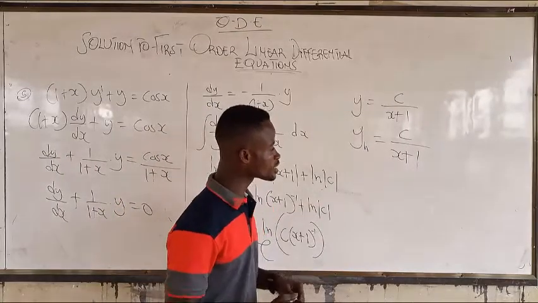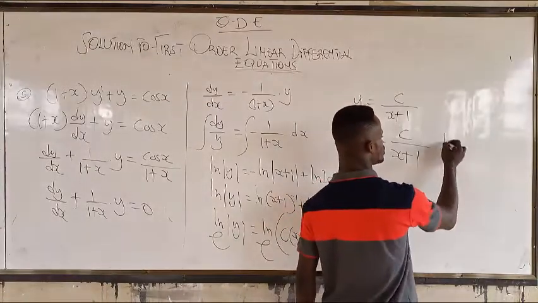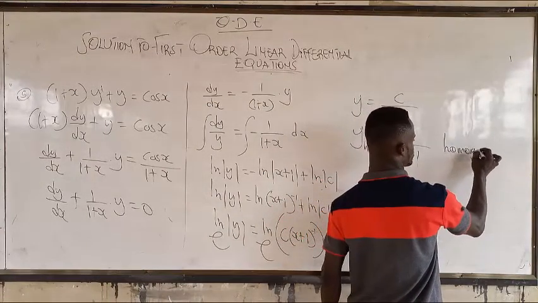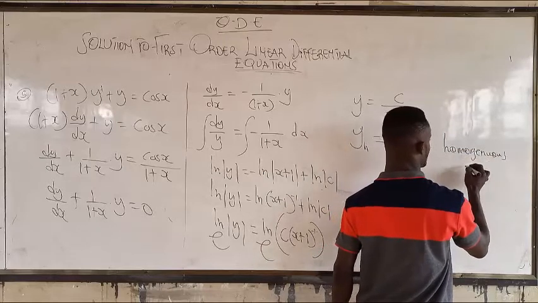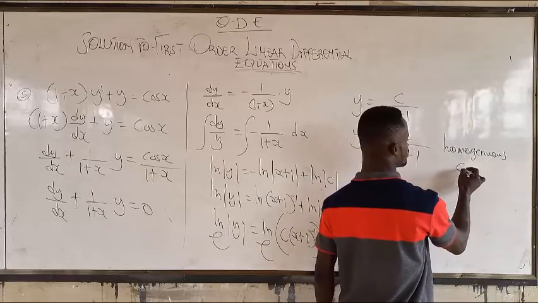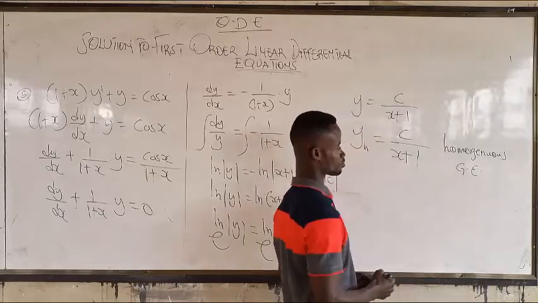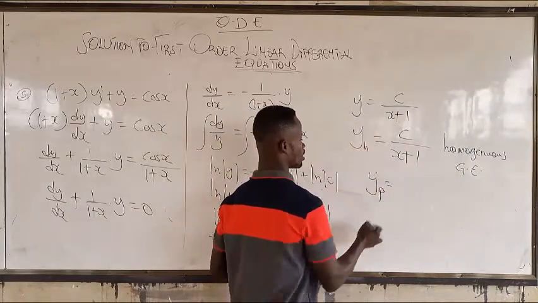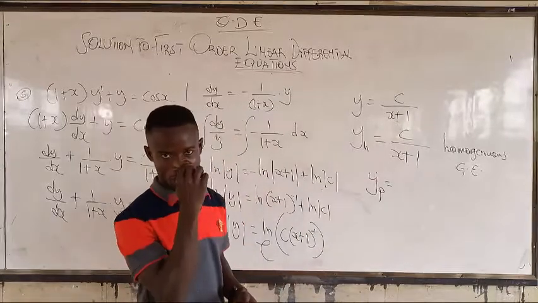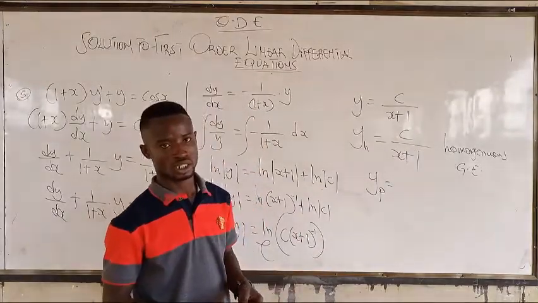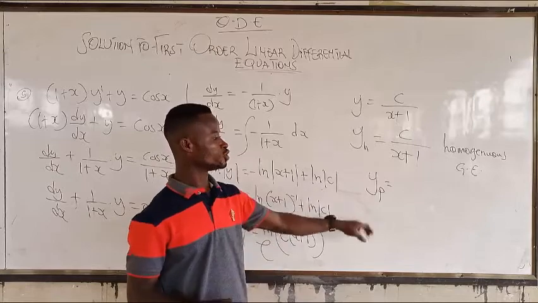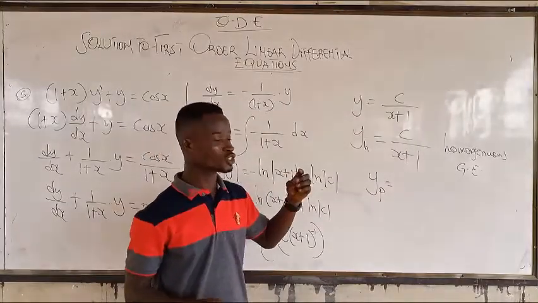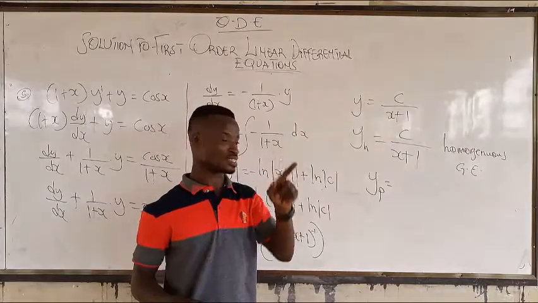And if this gives the homogeneous part, so this is the homogeneous general equation. Then what will be for the non-homogeneous? That is you going for the c of x.